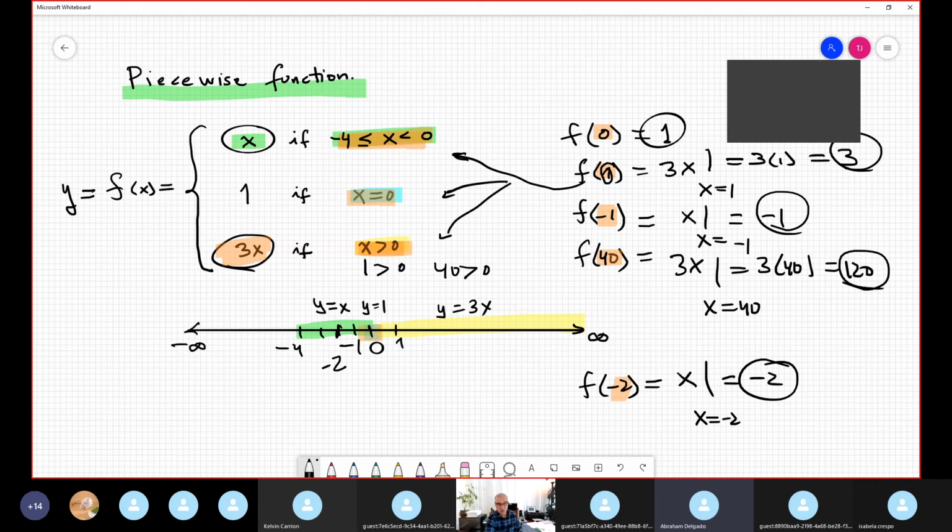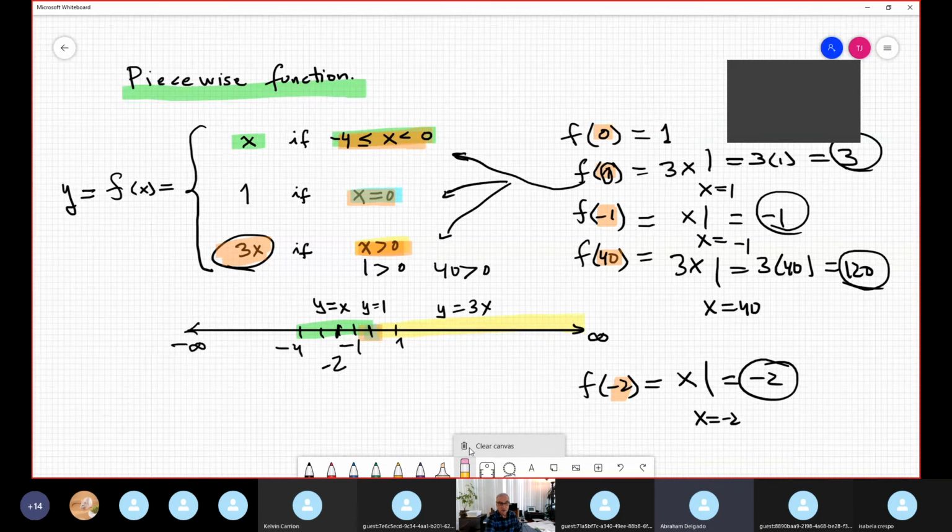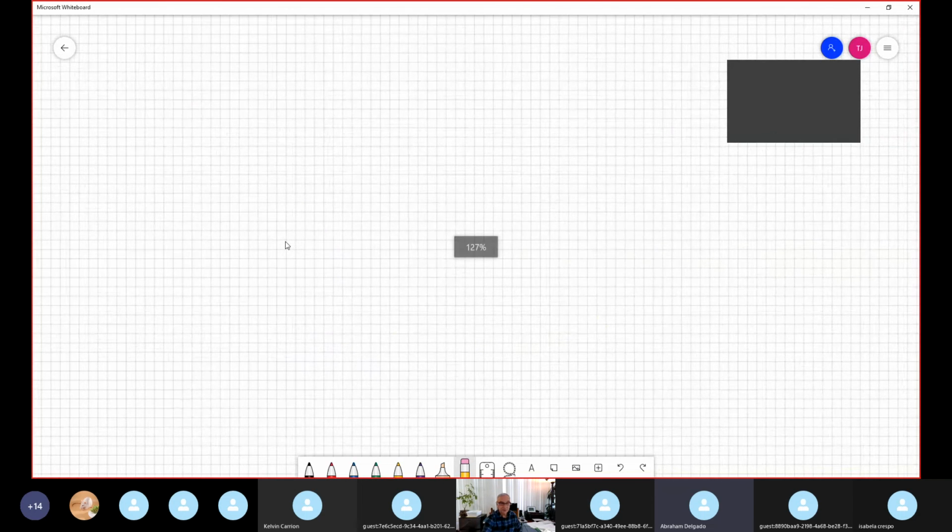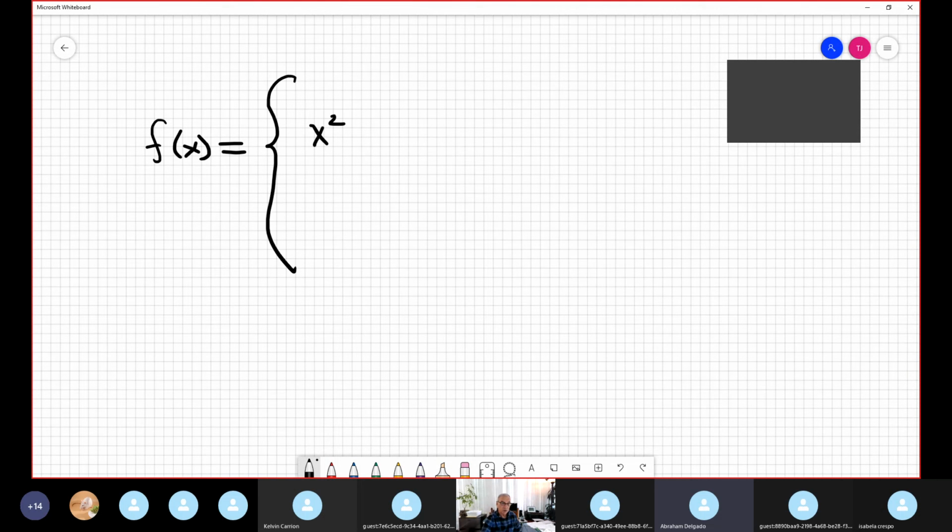Suppose another example. Piecewise function. Not too complicated. It's easier. Look. Okay, suppose this. Suppose f of x equals x squared. So it's a piecewise function, the symbolic way using the curly bracket. Then you have different pieces. And different pieces obey different conditions.